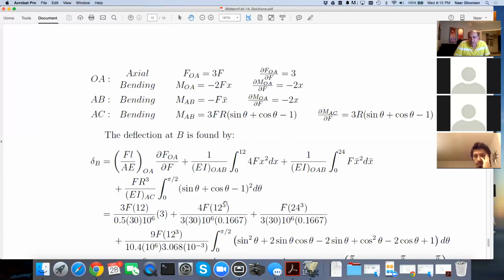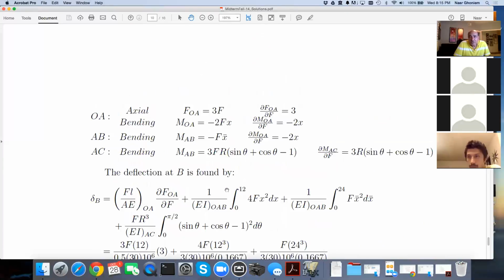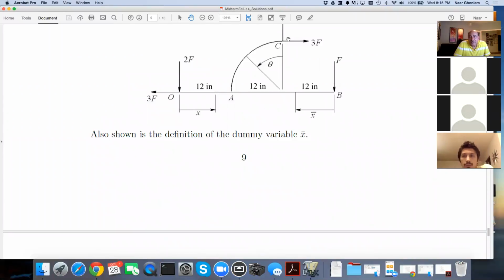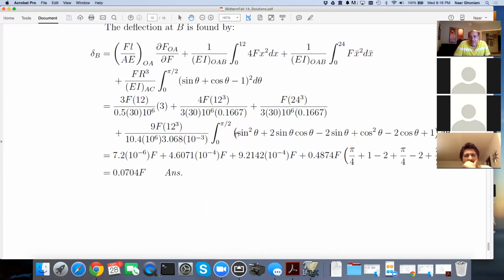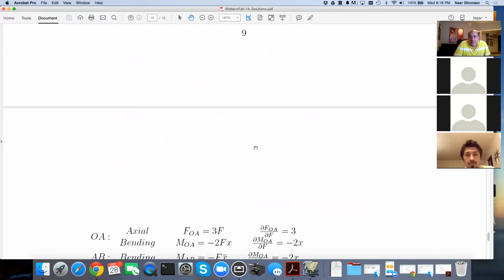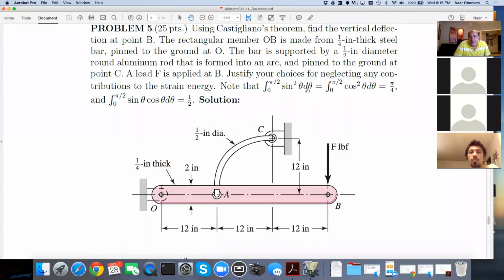When we do the curved section, you get these cosine and sine, and as I mentioned in class, you get sine squared and sine cosine. So this is a little bit more of a trig problem once you have curved sections. In the exam, we're given that the integral of sine squared d theta from 0 to pi over 2 is pi over 4, the same as for cosine squared, and sine cosine gives one half.